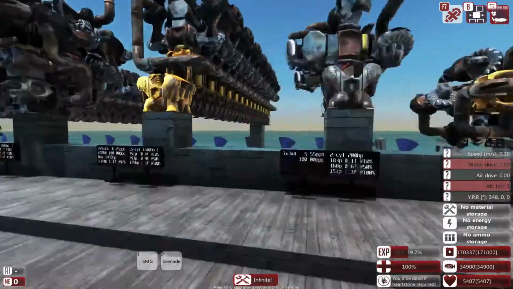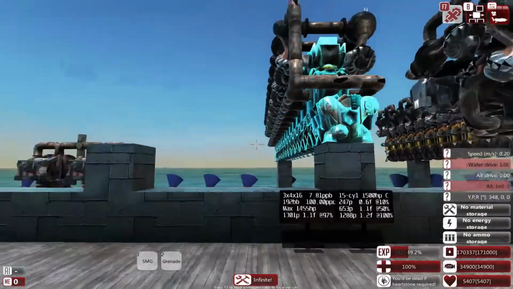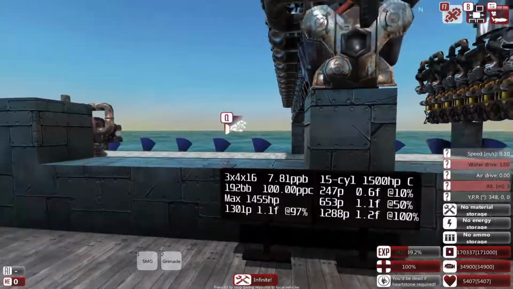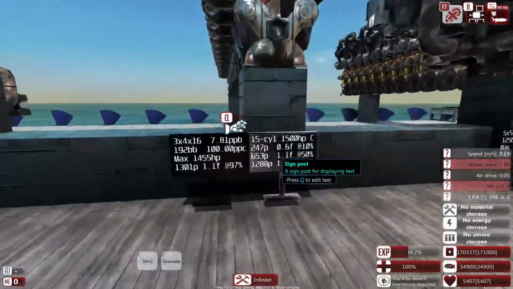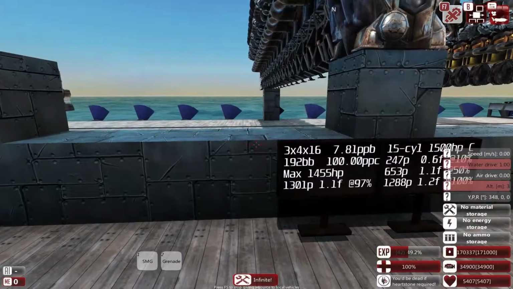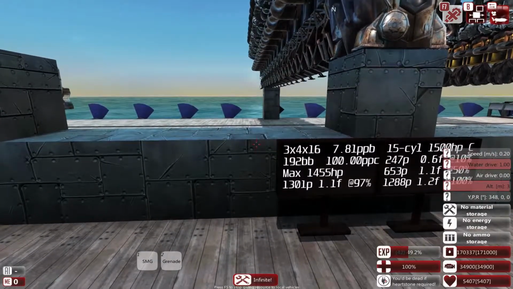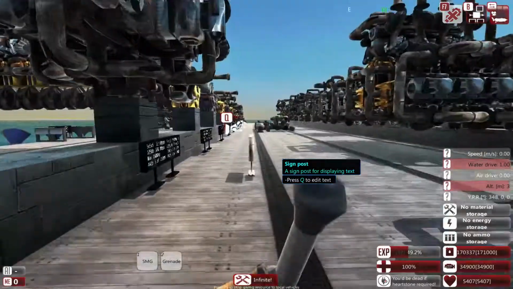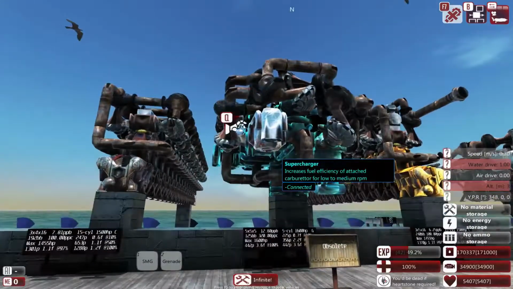So the way I do it, and I've done it on this motor, is I put the binding box. The motor is 3 wide, it's 4 high, and it's 16 long. So that is my binding box. And it's hard to tell one motor from another, you go, well, is 3x4x16 taking more space than 5x5x5?